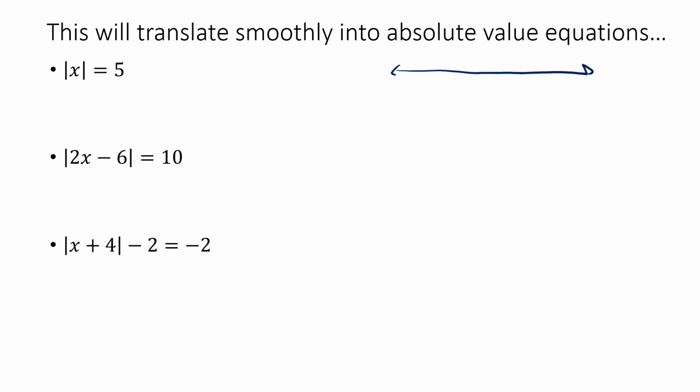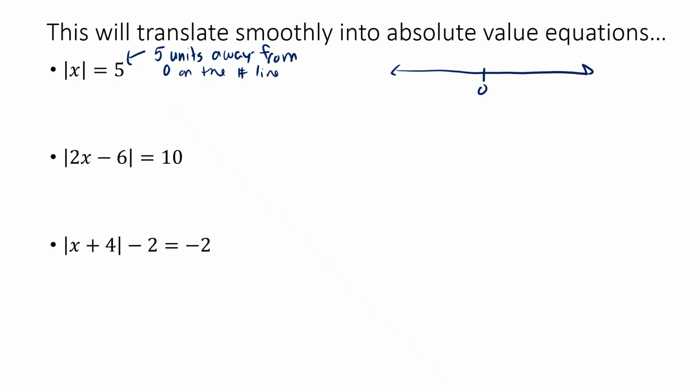So the absolute value of some unknown number is 5. Well, what does that mean? And we bring it back to the definition. It is 5 units away from 0 on the number line.